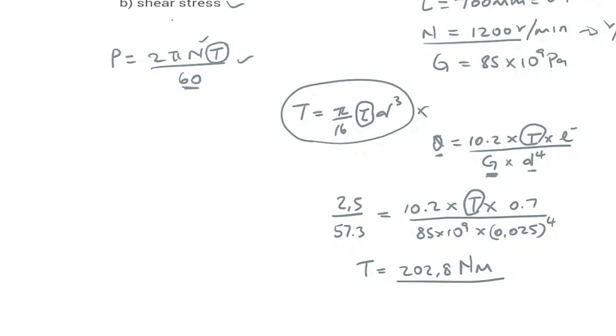So you've got now the torque. Let's come this side to substitute the torque in the power formula. It is power, then 2 pi, then the rotational speed, it is 1200, then times that torque we got now, 202.8, all divided by 60. That 60 is to convert this 1200.